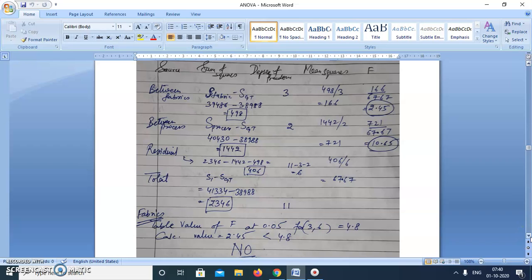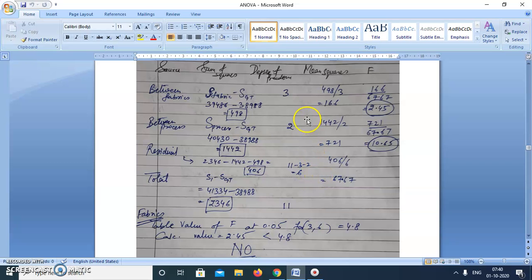Now when we see the F table, for the table values we need 2 things, K1 and K2, after deciding alpha, which will be 95% only. So K1 and K2, this is K1 for fabric and K2 for fabric, 3 and 6.